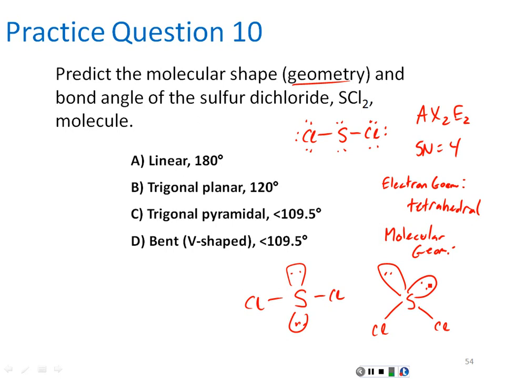Normally a tetrahedral geometry would have a 109.5 degree angle, but in this case, because the molecule has 2 lone pairs, it's going to be less than 109.5. And if we just look at the atoms in the molecule, it has a bent shape, or V-shaped.